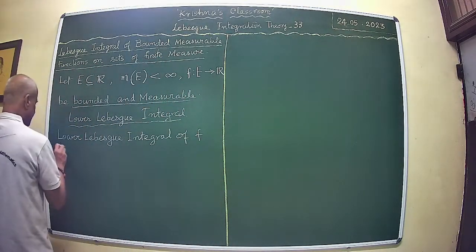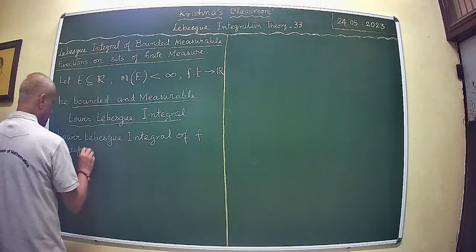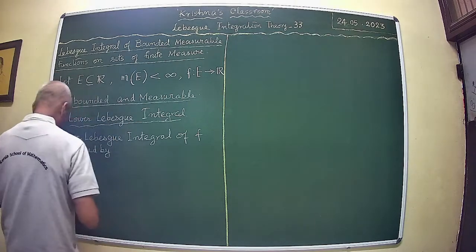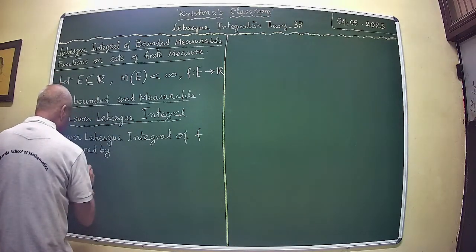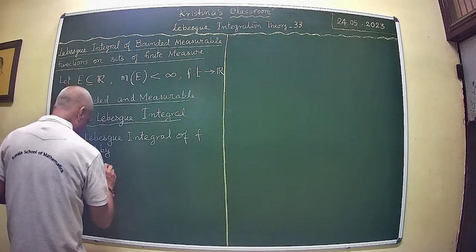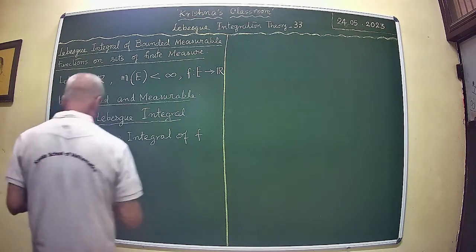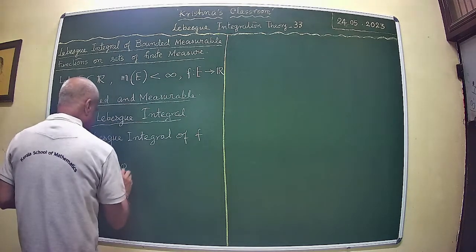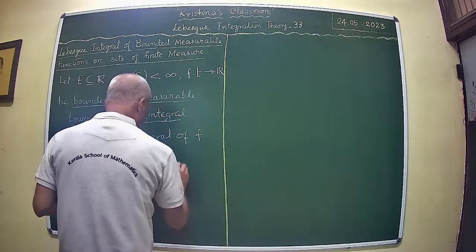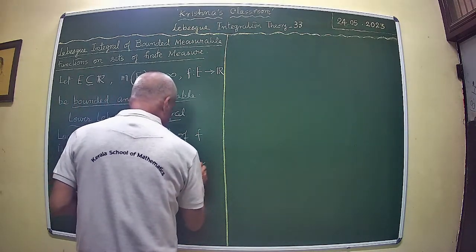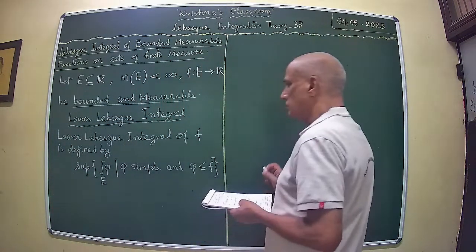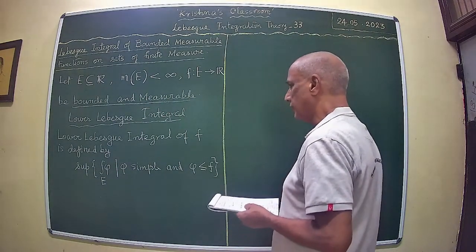It is defined by the supremum of the integral of phi over E, phi simple and phi less than or equal to f. This is the lower Lebesgue integral.